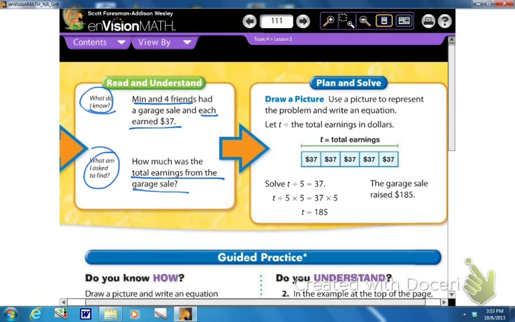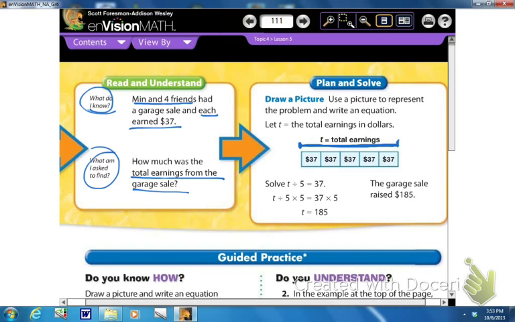So let's look at how they draw a picture here. T is the total earnings from the yard sale. Notice that here are my strips, and T is encompassing all of these strips. It's saying T is the total for all of this. That's why it has its little hash marks from one end to the other with this line connecting it.